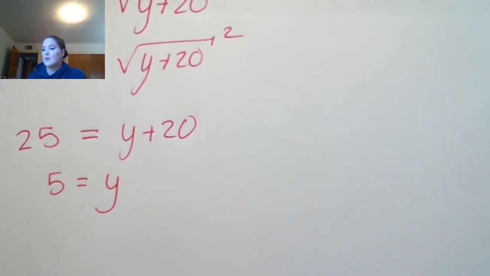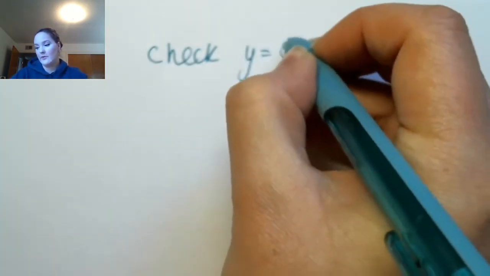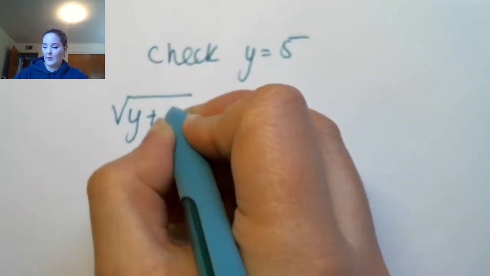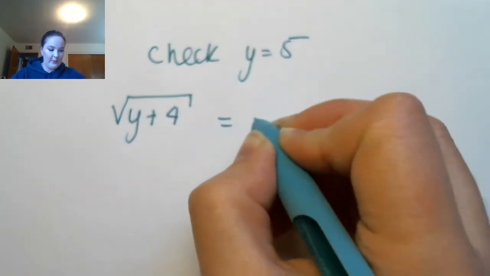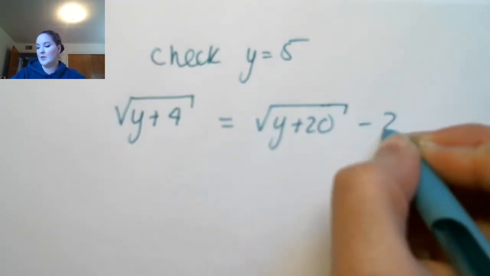So for this example, we only have one candidate solution, but we still need to check it. We're going to check y equals 5. Remember, my original equation was square root of y plus 4 equals the square root of y plus 20 minus 2.